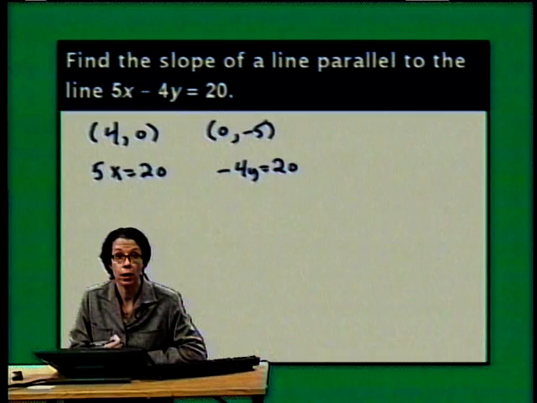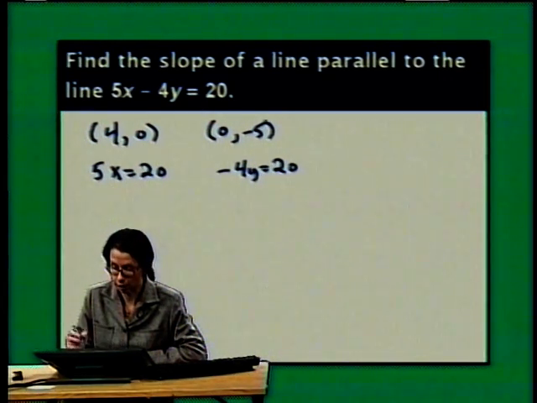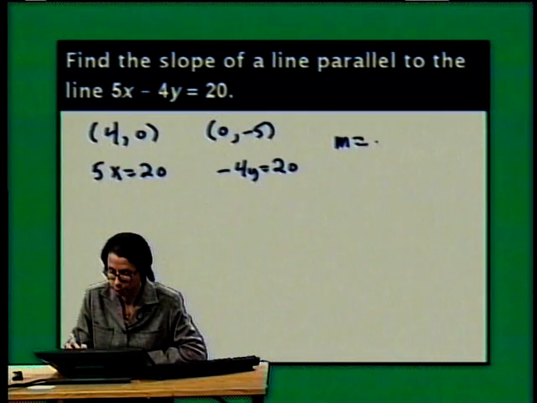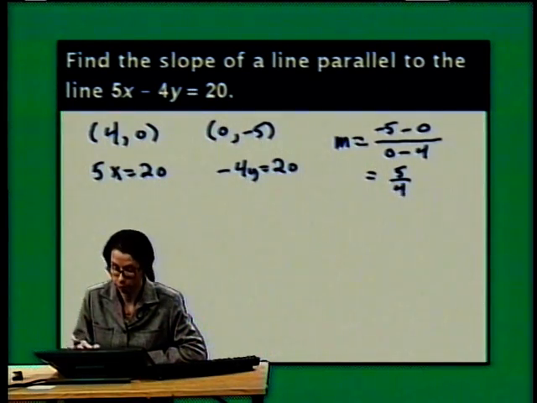So I can very quickly determine two solutions to this equation. So the slope of a parallel line is going to be the slope of this line. And the slope of this line is going to be the difference in the y values over the difference in the x values. This is negative 5 over negative 4, which is 5/4.